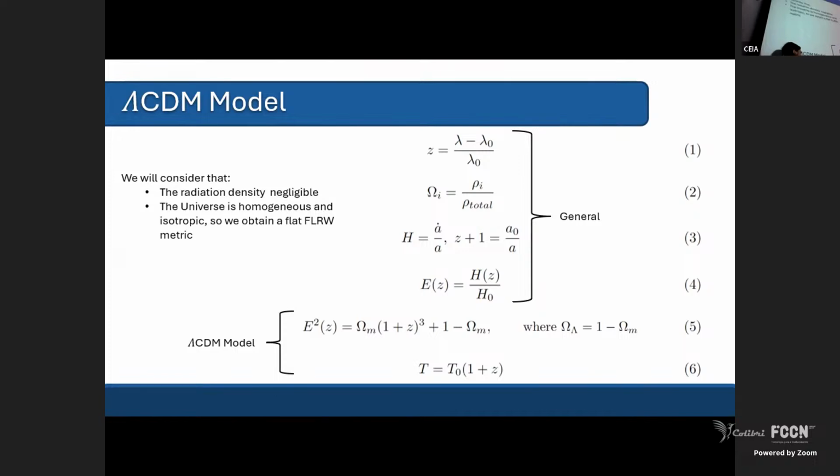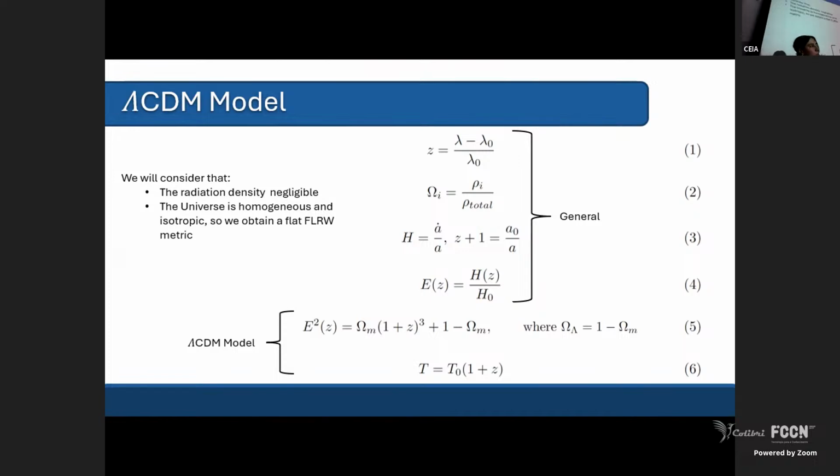I'll talk about lambda CDM a bit now, so you understand how models work in general. Lambda CDM is the most accepted model that we have now, and the E function is given by this. This comes from the assumption that the universe is flat, which comes from the assumption that the universe is homogeneous and isotropic.